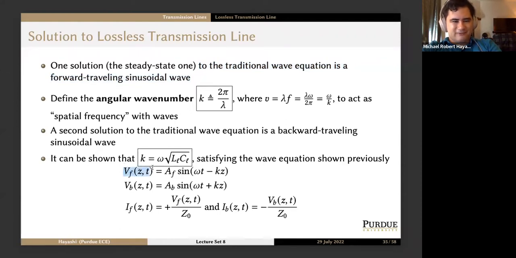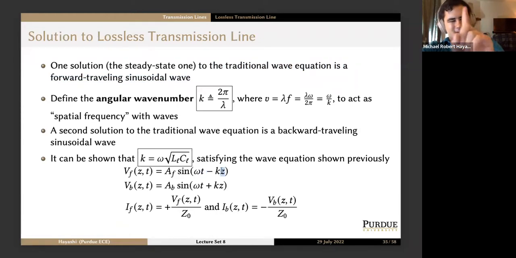So we'll say that the forward wave voltage, as a function of position and time, is equal to a forward amplitude times sine of omega t minus k times z. So as you can see, it's sinusoidal in both time and position.